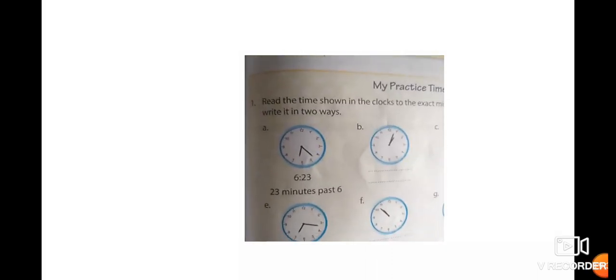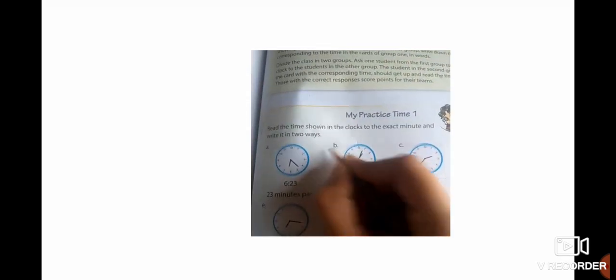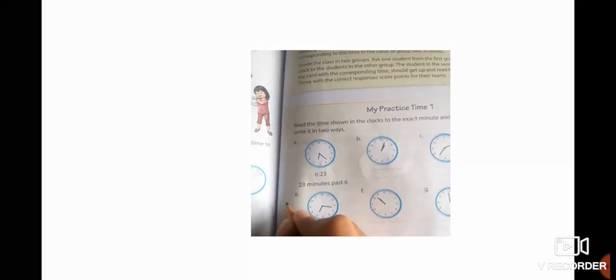Let's read the question: read the time shown on the clock to the exact minute and write it in two ways. The first example has been solved: 6:23, which means 23 minutes have passed after 6 o'clock. B, C and D we are going to solve now.